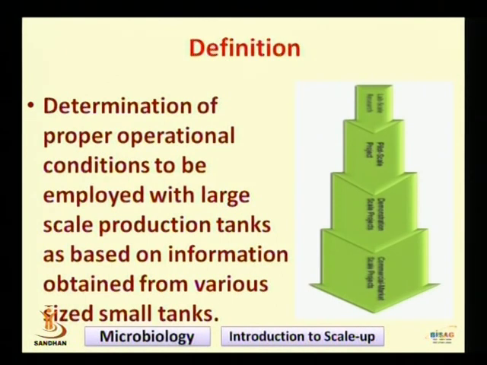It might be in the form of a slant culture or a petri plate culture, and then gradually the volume of the medium and the size of the unit increases, and finally the process ends where the product was kept in a truck for sending to the market. So here the figure shows it starts from the laboratory scale, pilot scale, once again a still higher scale, that is the demonstration of the pilot scale projects, and then finally the commercial scale project.